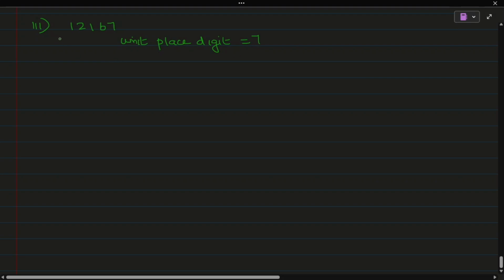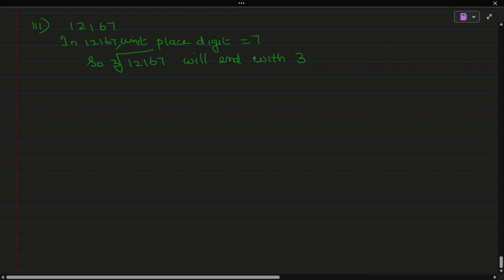So we can write: 12167, unit place digit is 7. So its cube root will end with 3 according to the property. If 7 is coming, its cube root will end with 3.